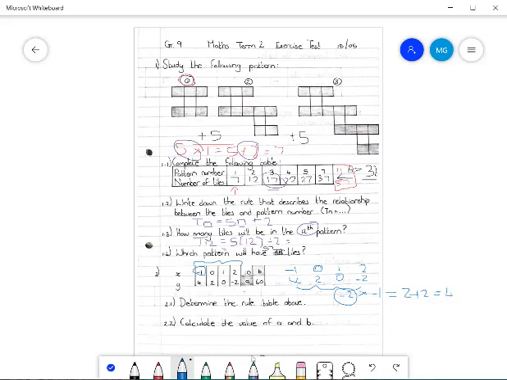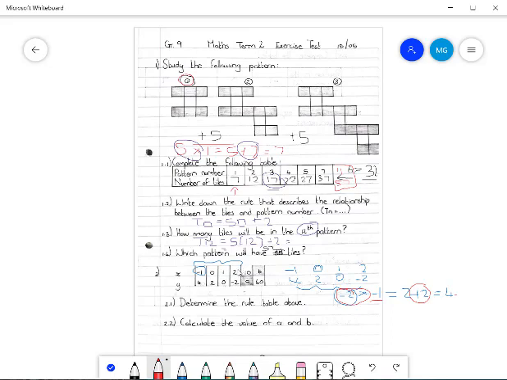So basically what we did here, firstly we multiplied with negative 2, and then we added 2. Okay, remember whatever we do to the term number, that's our rule. So I multiplied minus 2 to the term number, and then I added 2 to give me my answer.